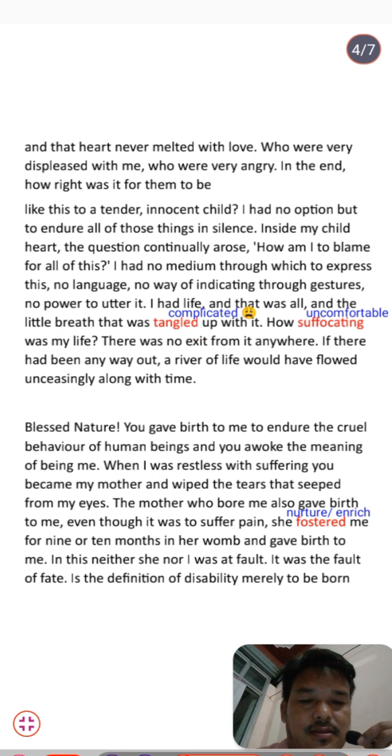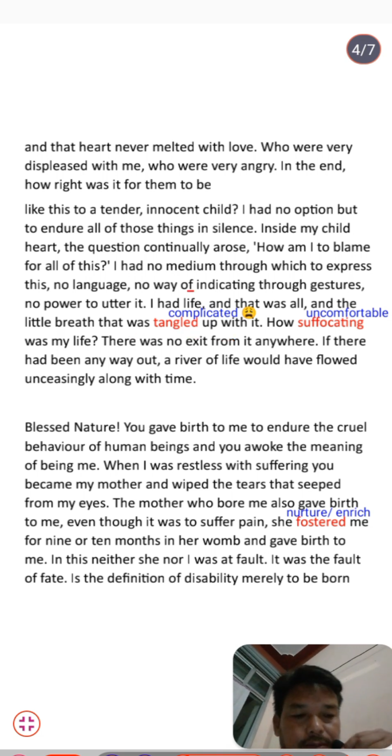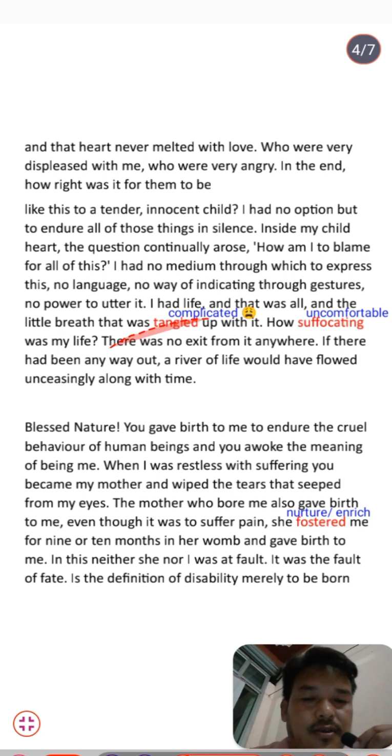In the last lines of the paragraph, students, she expresses that they were extremely disappointed with me, exceptionally irritated, and there was no exit from there to go anywhere. And if there had been some exit plan, a waterway of life would have streamed persistently alongside the time.